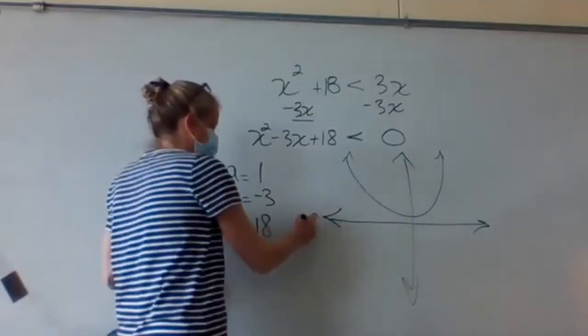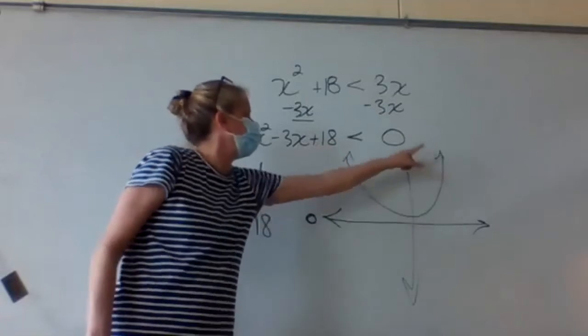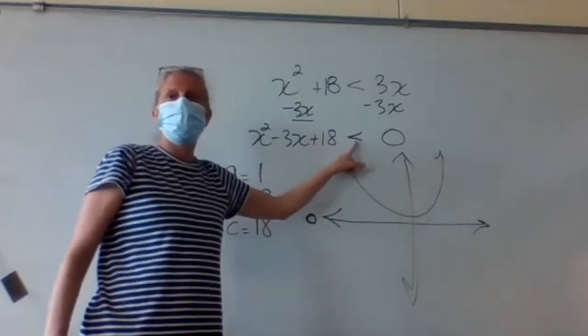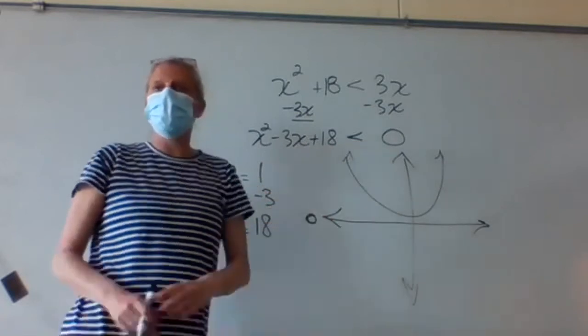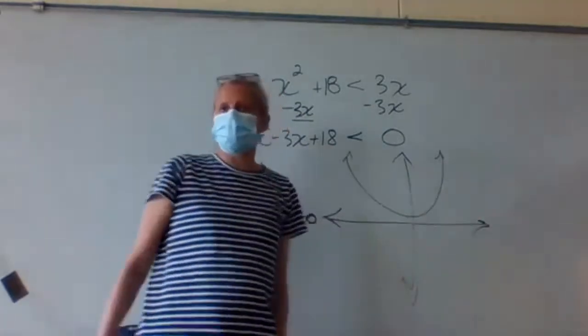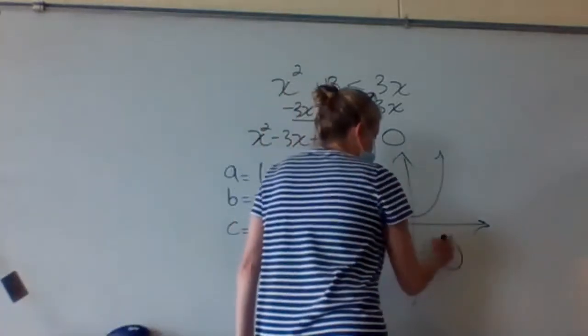So now, here's my 0. What does it want to know? Where is this U, where is the interval below, less than 0? Is there anything below the x-axis? No. That's why this answer looks like this. It's called the null set.